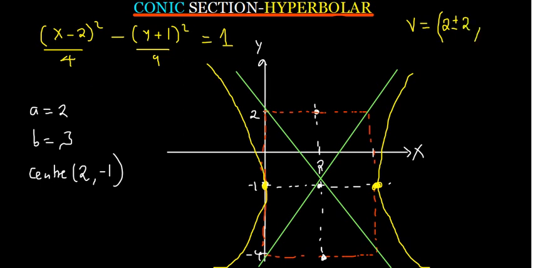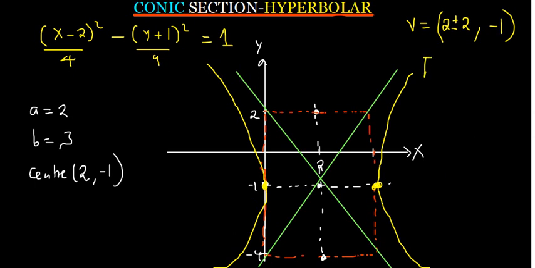And then comma the y value of the center, -1. So these are the vertices. That's why we saw 2 plus 2 gave us this point here which is a 4, and then 2 minus 2 gave us this point here which is a 0. So those are the vertices.